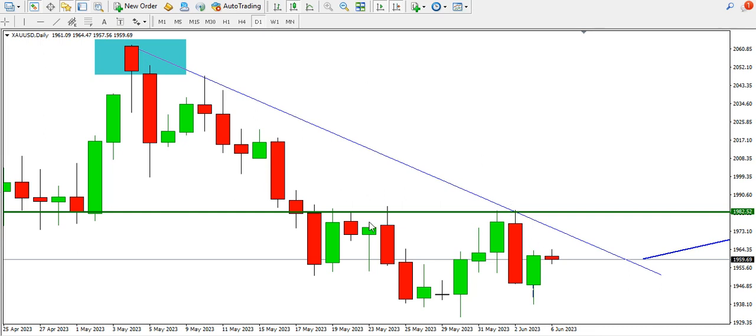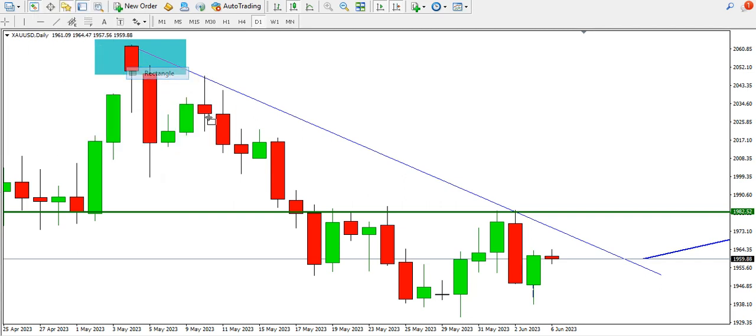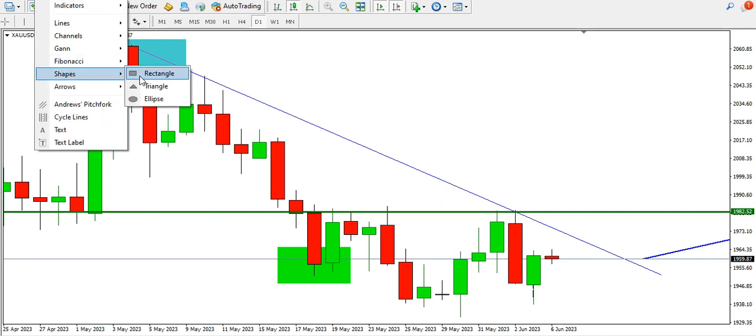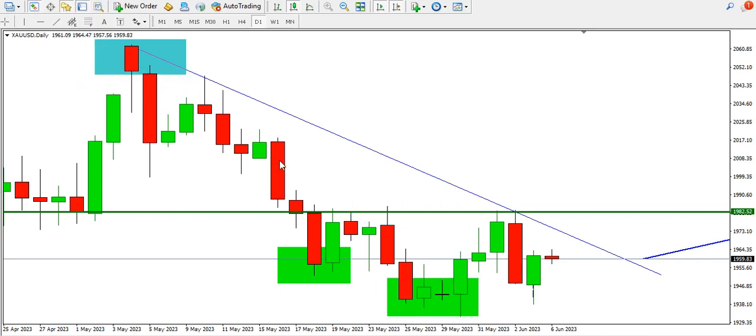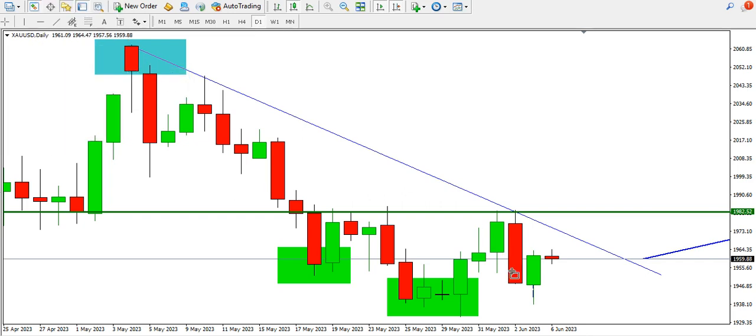On the daily time frame, we can see that the price of gold is currently ranging. We might be seeing something like the formation of a triple bottom, where this is our first bottom, this is the second bottom, and this might happen to be the third bottom.